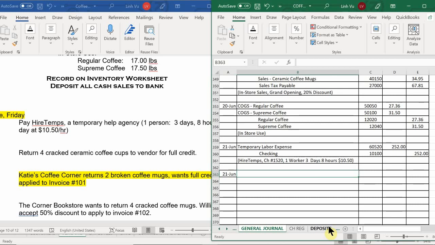It's not inventory. It's not perpetual. That's what I'm trying to find: how we journalize that.